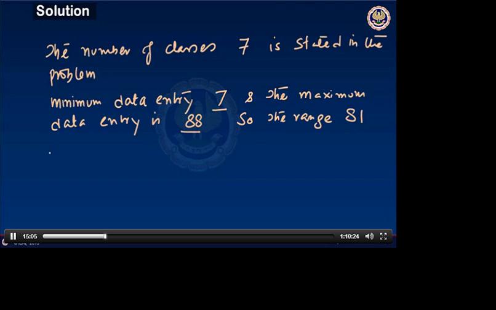So we'll divide the range by the number of classes. The number of classes we know is 7. This is step number 1 we looked at, and then this.